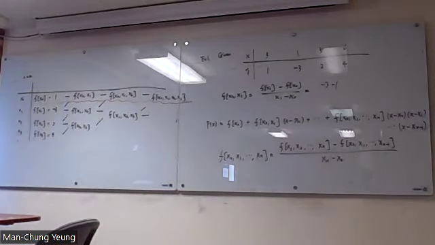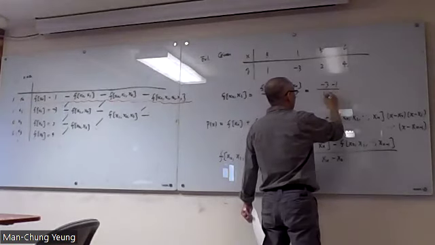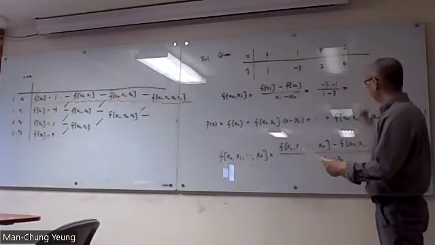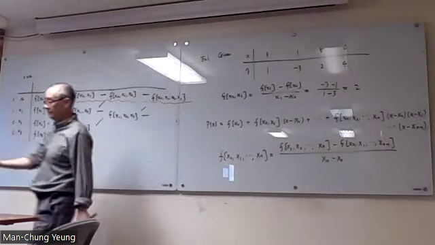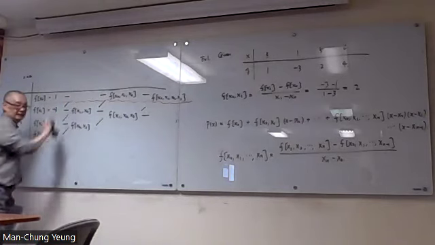What are x1 and x0? They are 1 and 3, so 1 minus 3 is negative 2.